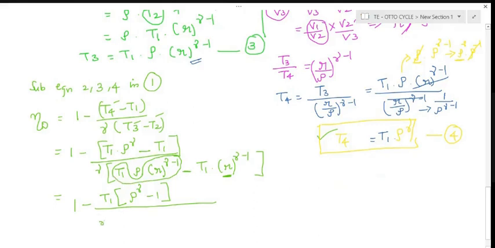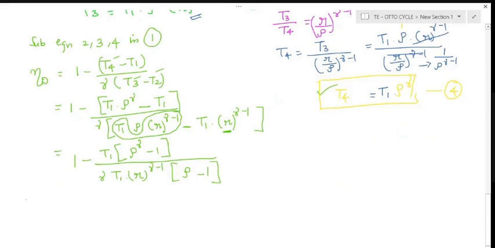So simply you can take it outside as T1 into R power gamma minus 1. The remaining term is rho minus 1, right? Okay, fine. And the next step, here T1 and T1 are common, so they get cancelled.